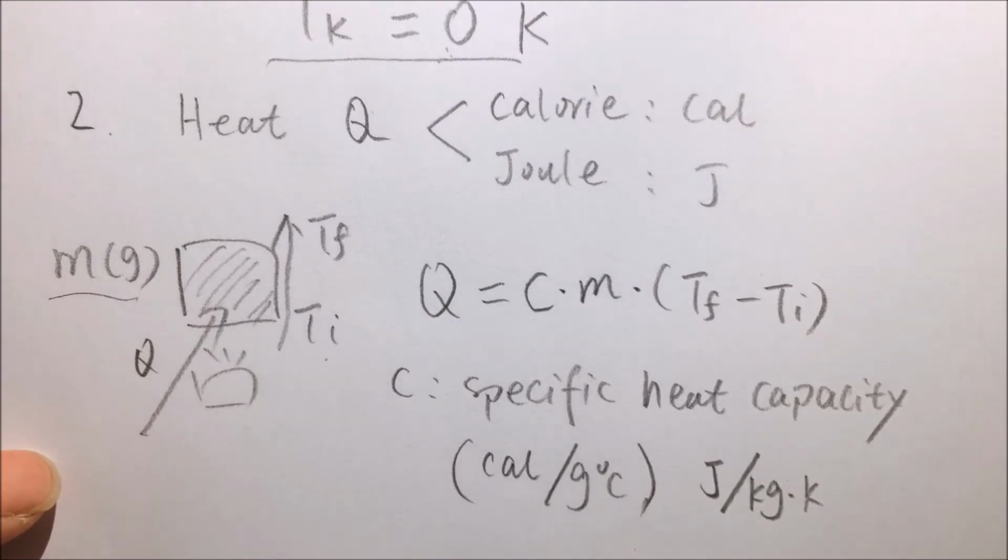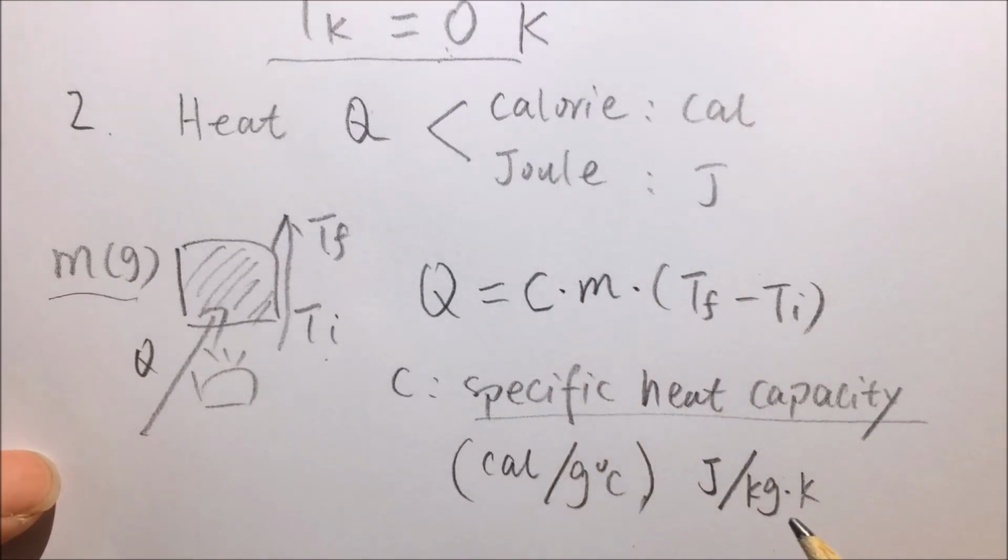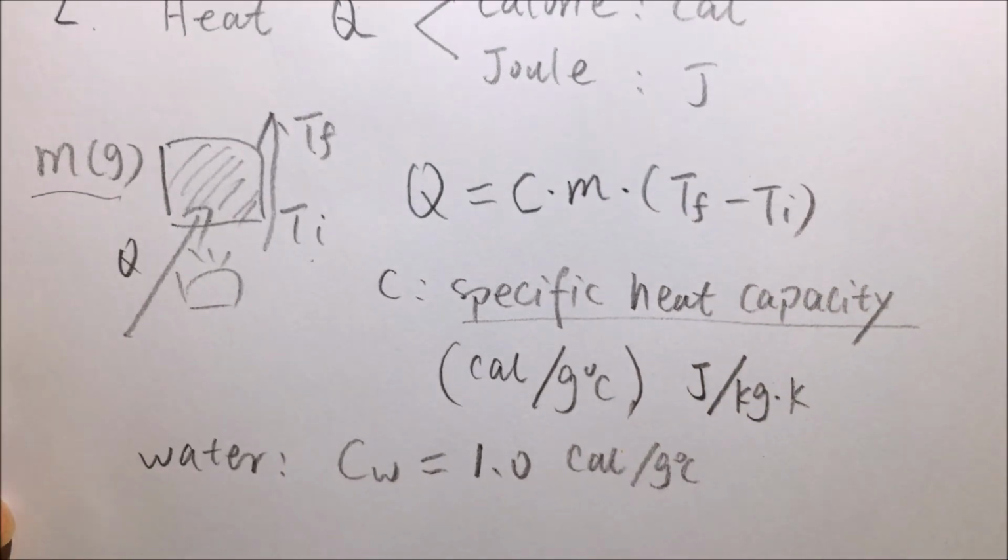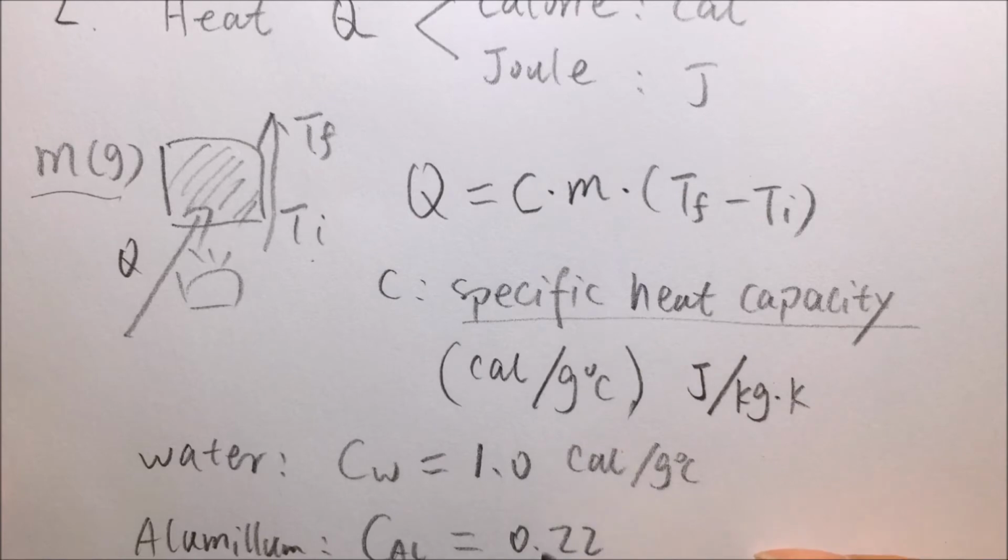Now, specific heat capacity is a constant for different substances. For example, for water, it's exactly 1.0 calorie per gram Celsius degree. For aluminum, it's about 0.22 calorie per gram Celsius degree.